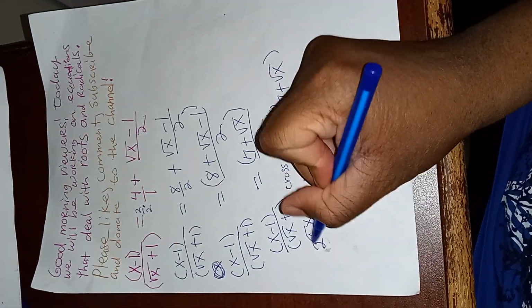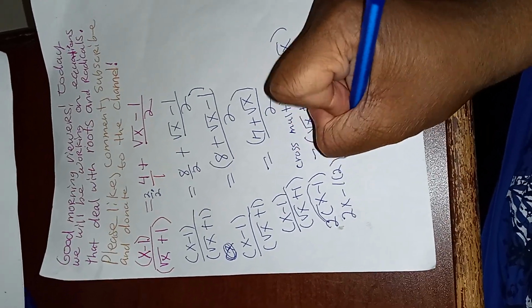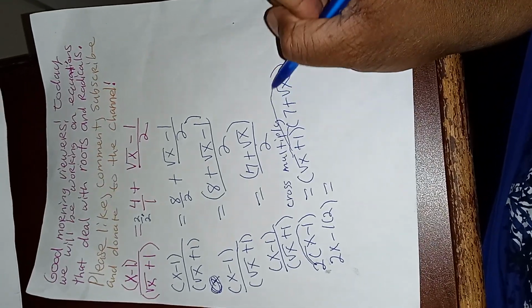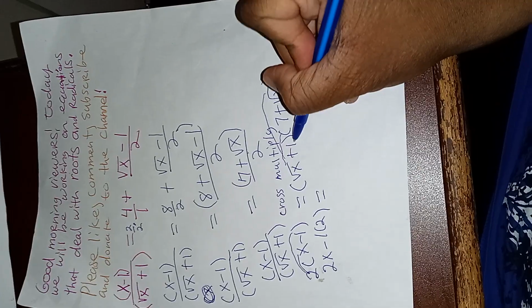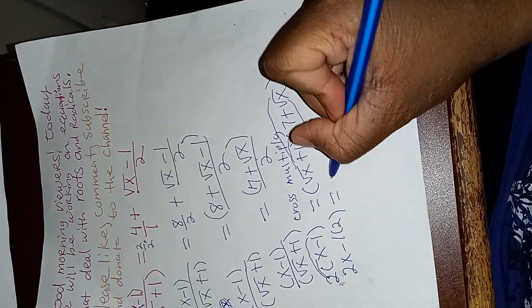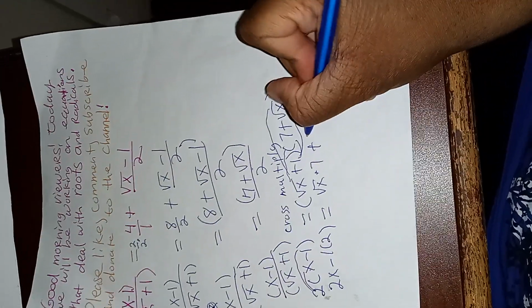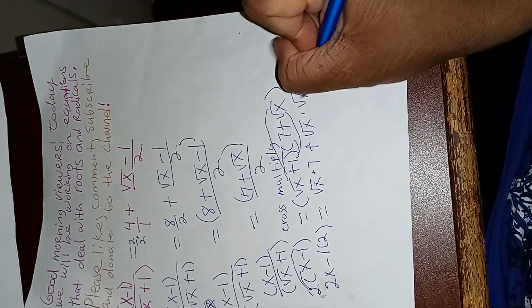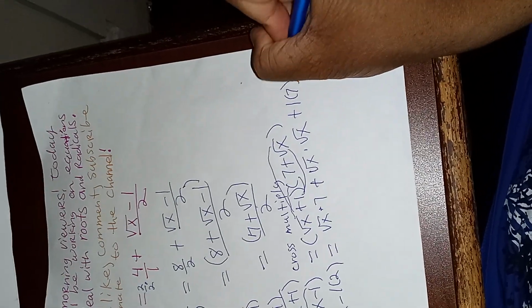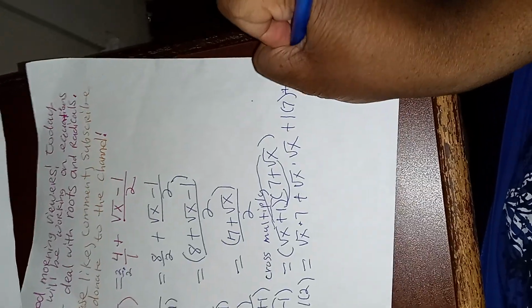So we distribute, or FOIL, so it's going to be 2 times (x minus 1) is equal to, and then we distribute: outer, outer, inner, inner. So it's going to be the square root of x times 7, plus the square root of x times the square root of x, plus 1 times 7, plus 1 times the square root of x.